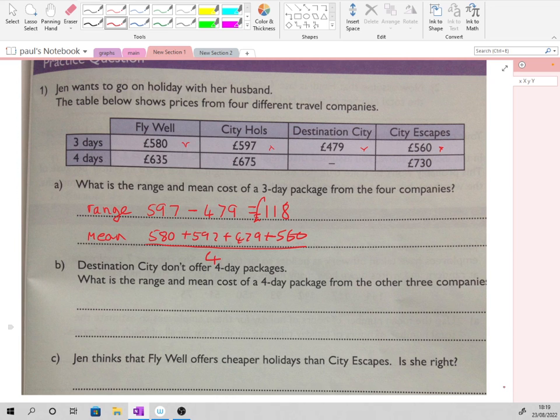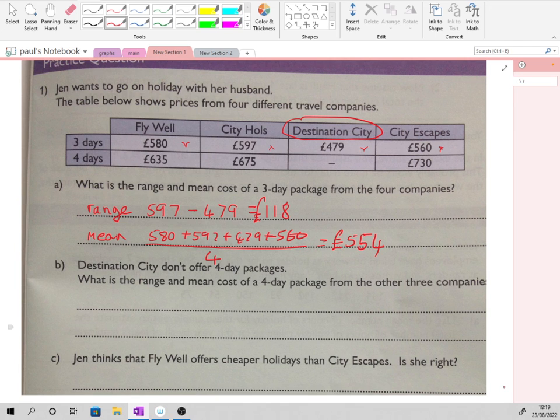So this is where we get lots of typing in. 597 plus 479 plus 560, that equals 2216. I divide that by 4 and it's 554.